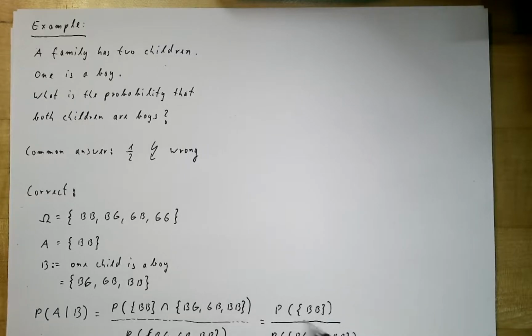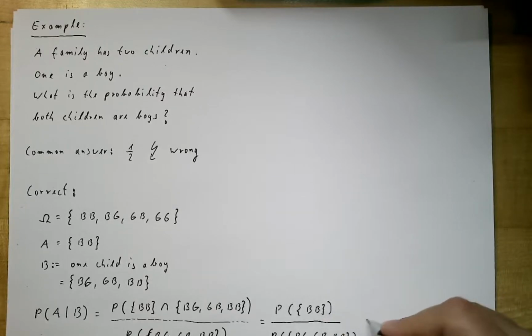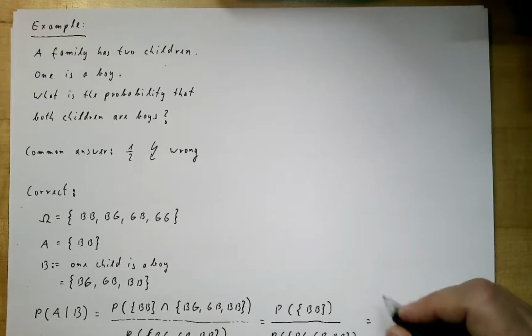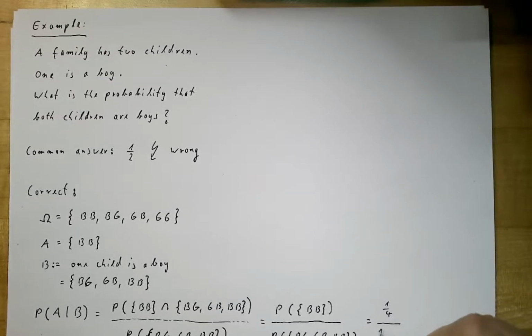So what's the probability of this? You could directly calculate: this set has size 1 and this has size 3, or you can calculate the probabilities. This is 1/4. What's the probability of the other?